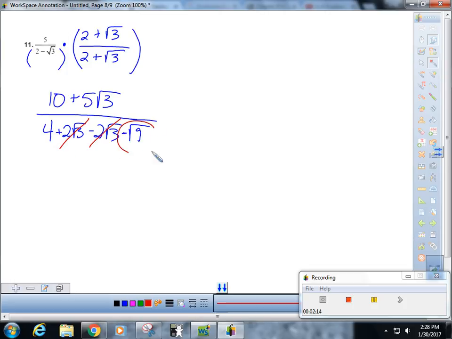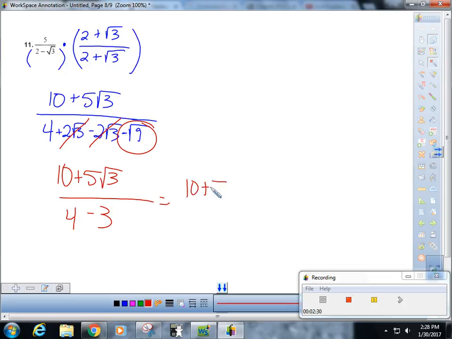And this is always going to be simplifiable. So you get 10 plus 5 radical 3 over 4 minus 3, which is 10 plus 5 radical 3 over 1, which is just 10 plus 5 radical 3. Okay, one more.